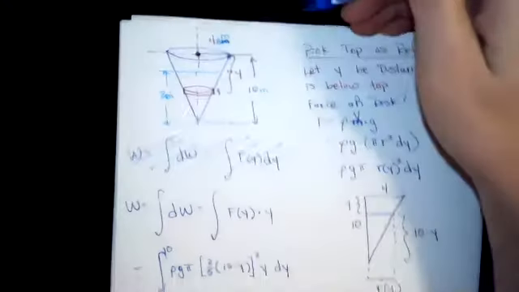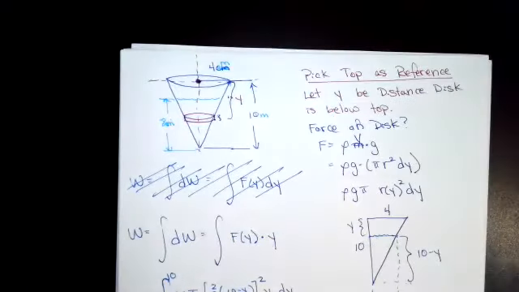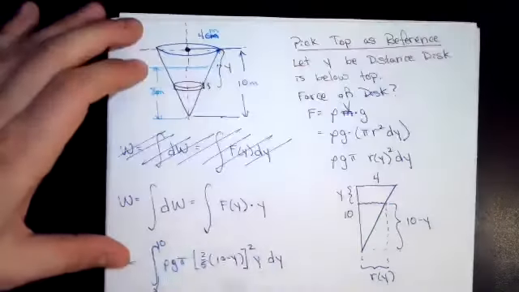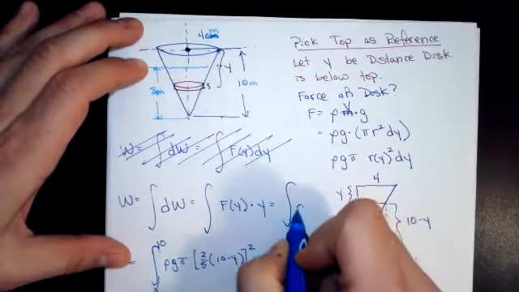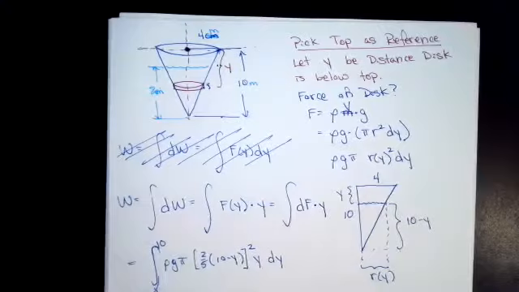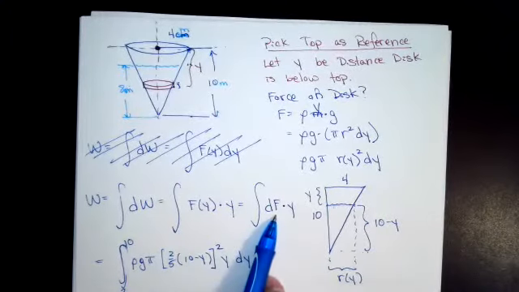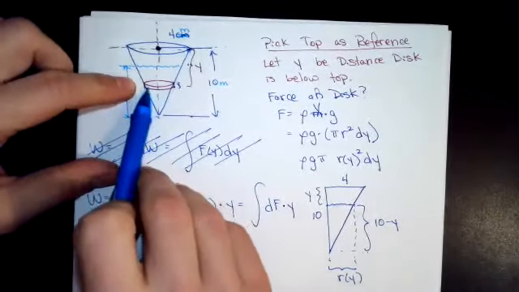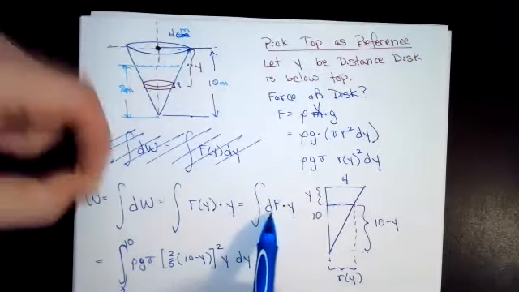So the reason we need to set up this y is because that is the distance we're moving. Another way we might want to write this is as df times y, because on these infinitesimal little slices, there's an infinitesimal amount of force on it.